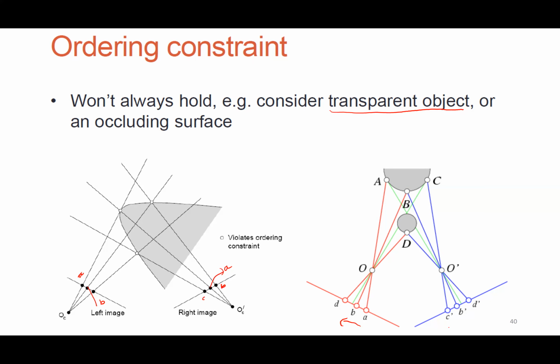Essentially, the order could change for a transparent object, or there are some occlusions when you are looking from just one side. It's like, while you are sitting in the class, the head of one student might be occluding the one sitting beside him, but if you move aside to the other side, it would be visible there.